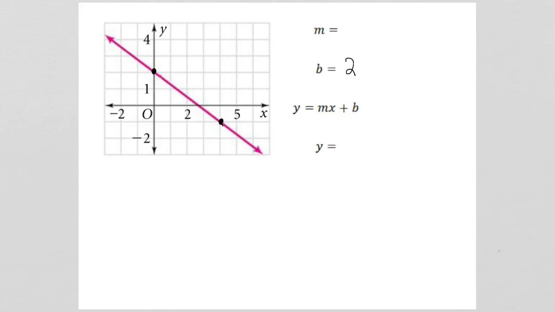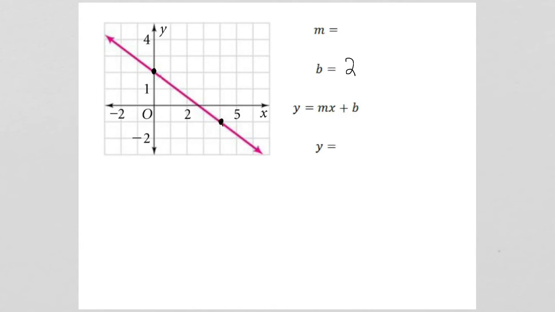The reason I didn't choose this one is because it doesn't really land on a number. Maybe it's 2.6, 2.7, we don't really know. The same thing here. But here, we know that the point is (4, -1).